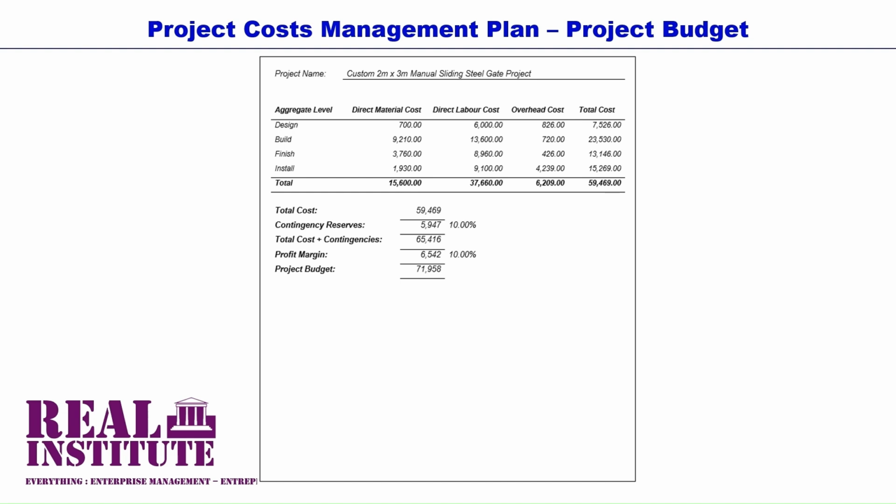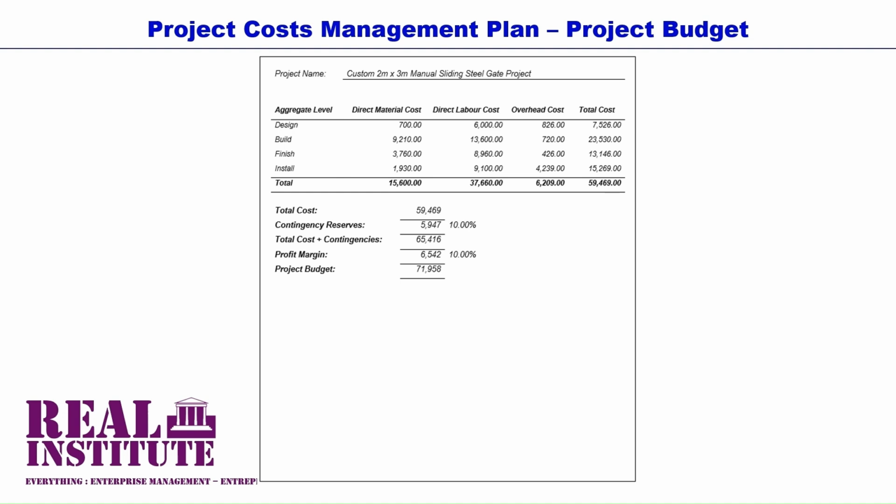You'd recall that earlier we said that in cases where a project is undertaken for profit, the profit margin is determined from the project aggregate and the project reserves consolidation, or is slotted into the process after the project aggregate and the project reserves, so as to then arrive at the final project budget.